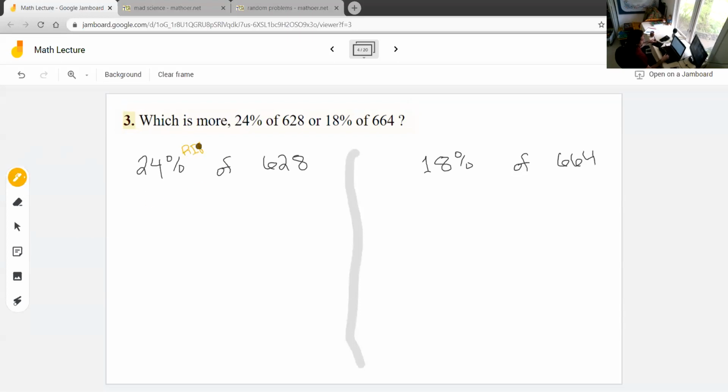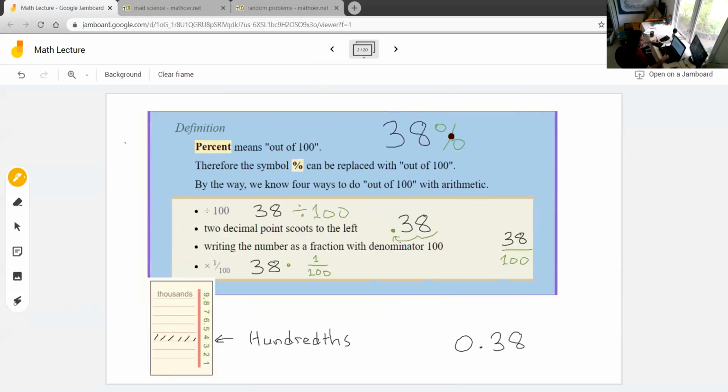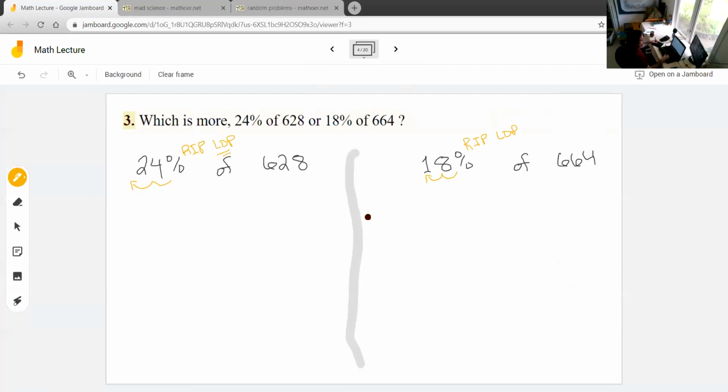With this kind of problem, the 2 decimal point scoots was the easiest option. Okay, going back to this other slide, which is the easiest way to get rid of percents in that situation. So this turns into 0.24 of becomes multiply 628. On the other side, we have 0.18 of becomes multiply 664.